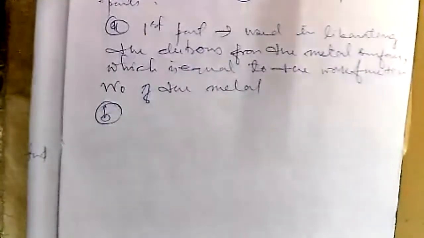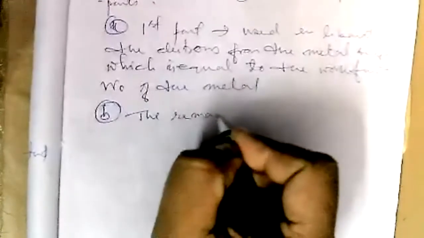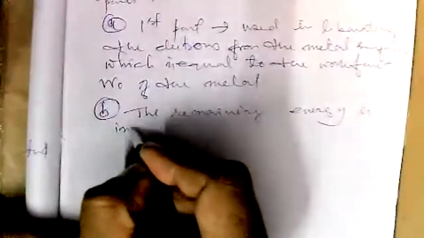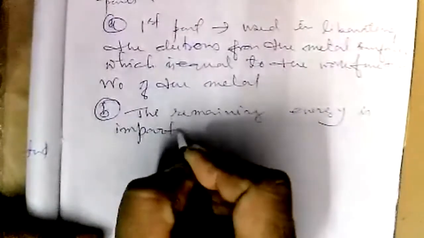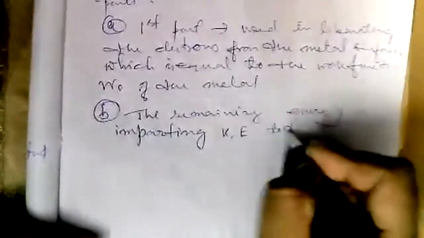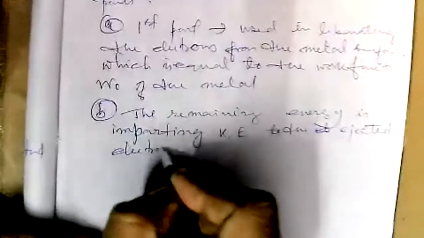And the second part, the remaining energy of the photon, is used in imparting kinetic energy to the ejected electron.